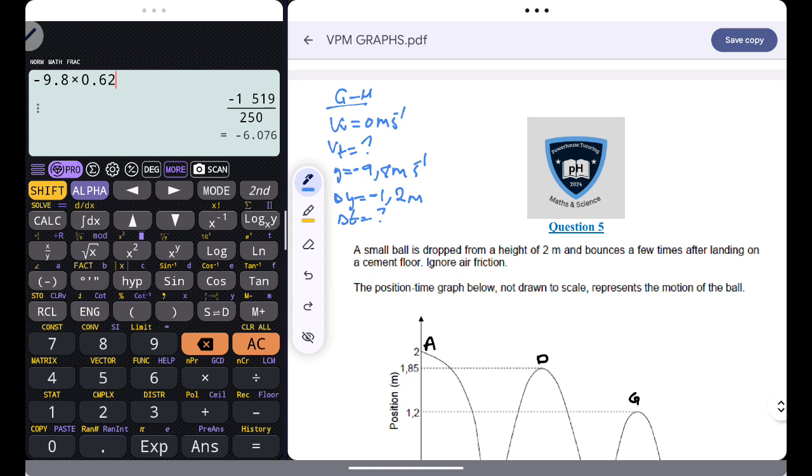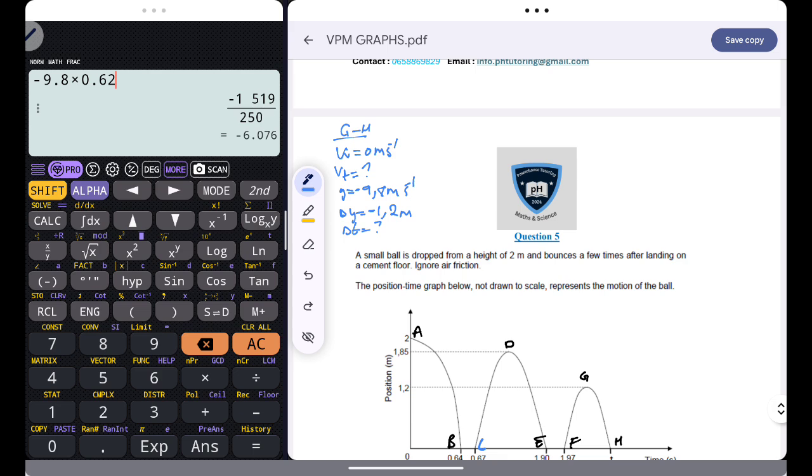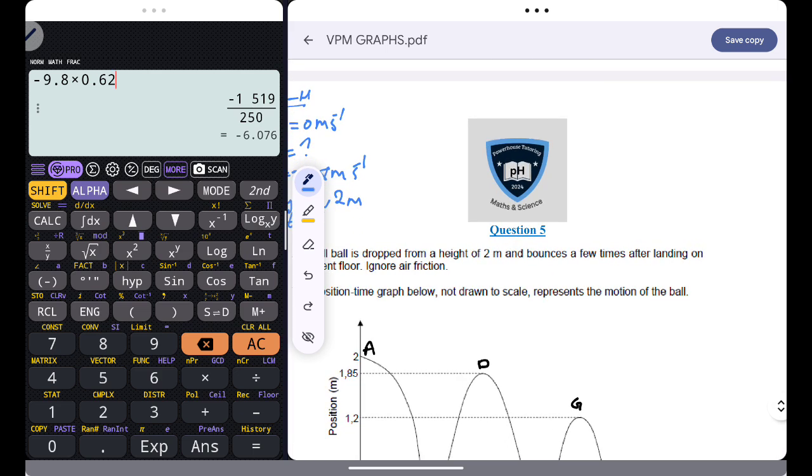Oh, but I can simplify the time it takes here, guys. I must not complicate my life. If I can find the time it takes for it to move from G to H, it will be much easier. I'll show you how. Remember that delta y is just equal to Vi delta t plus 1 over 2 g delta t squared, right?